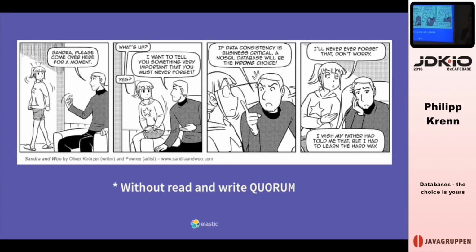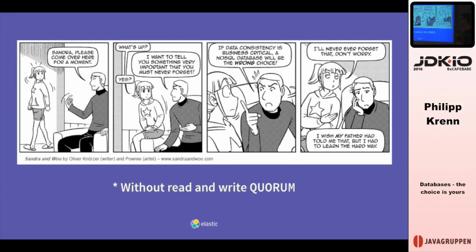Yeah, and then some people say, this is all nice, but this is eventually consistent, and this is probably not what you want. You can work around that. You can write and read your data with a quorum.